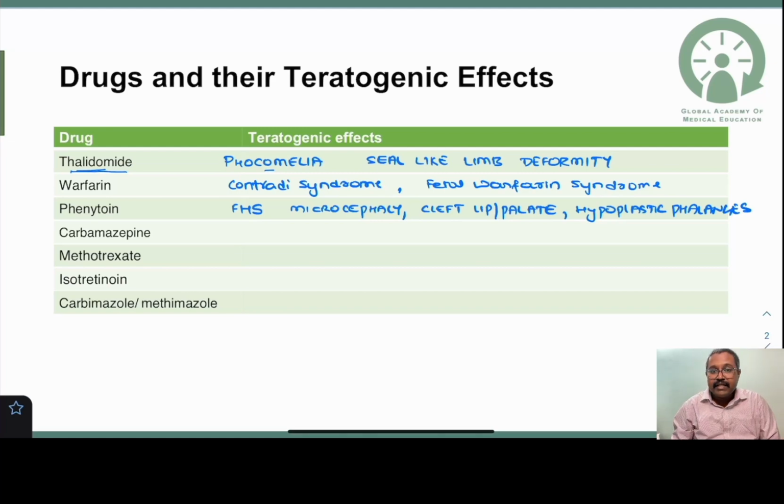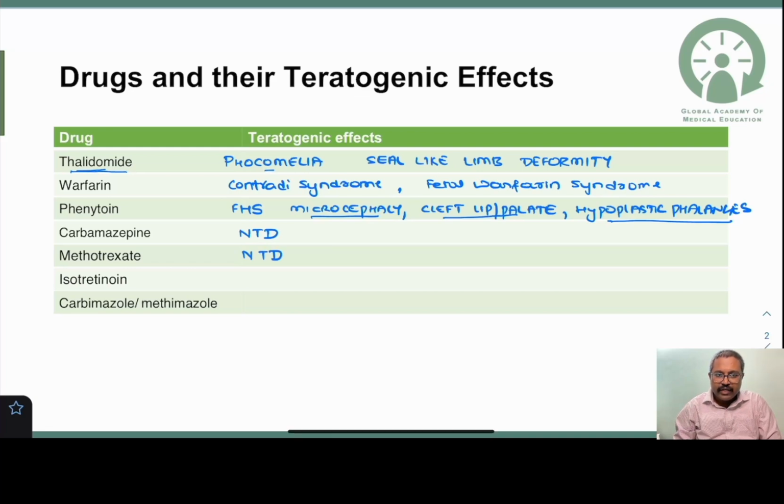So you can call it a triad of teratogenicity caused by phenytoin: microcephaly, cleft lip or cleft palate, as well as hypoplastic phalanges. So next, what about carbamazepine? Please remember, carbamazepine will cause neural tube defect. And also methotrexate is known to cause neural tube defect.